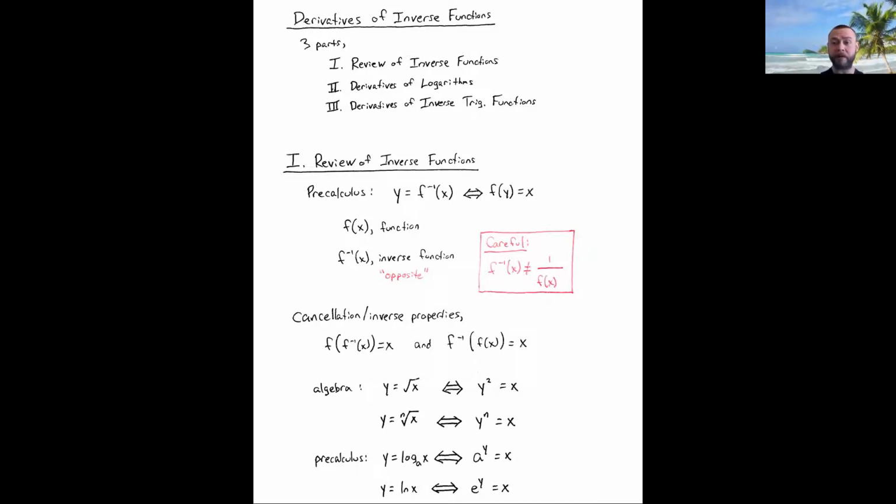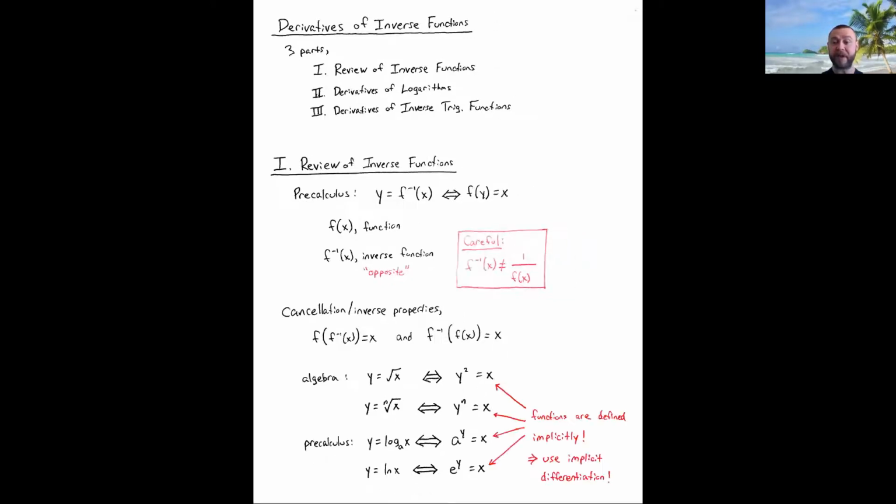So what's the point of reviewing inverse functions? Well, notice on the right-hand side of all those conversions from square roots, nth roots, and logs, those are now defined implicitly. They define functions, but now they're not solved for y.